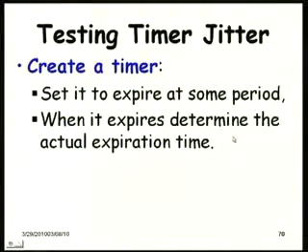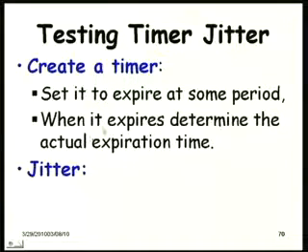Let us see how to set up an experiment to measure the timer jitter. First is to create a timer through a system call, and while creating the timer, we set it to expire at some time, maybe 1 millisecond, 10 millisecond or 100 millisecond, basically a few different values that are comparable to the application that we are considering.